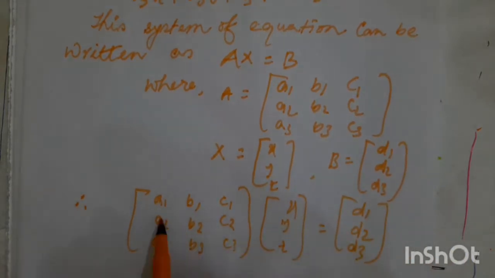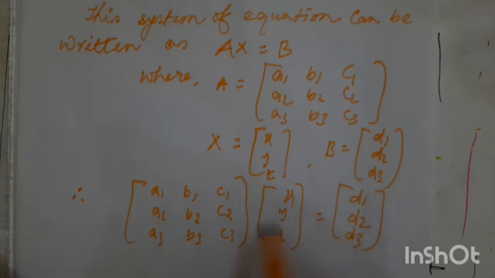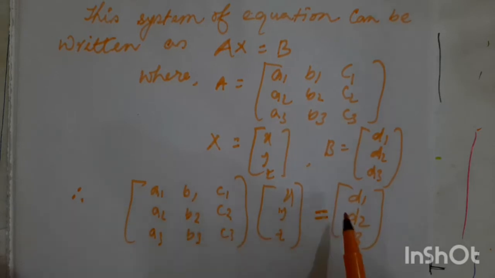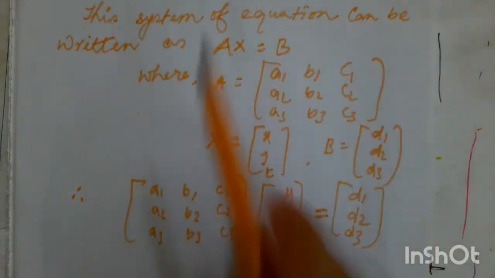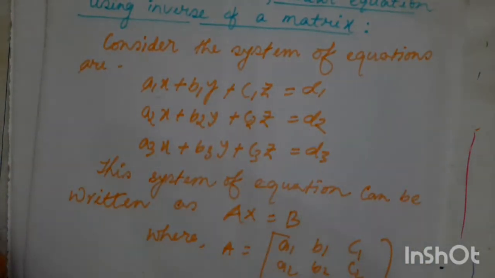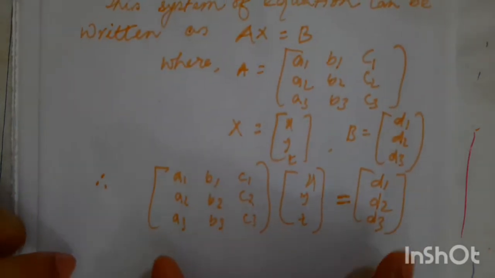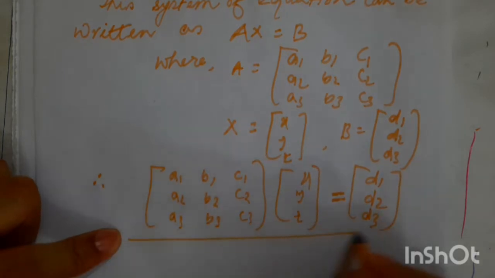After the multiplication, it is of order 3 by 3 and it is of order 3 by 1, so we will get a matrix of order 3 by 1, which is equal to the matrix B. The condition for equality of matrices was already discussed in chapter number 3. To satisfy the equality condition, we get a1x plus b1y plus c1z and so on, which is the system of linear equations we had. So the system of linear equations can be written by using this matrix.